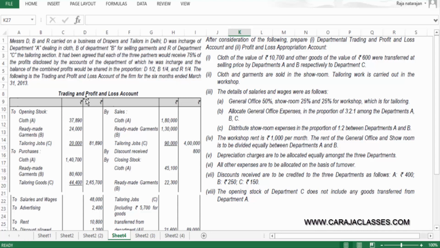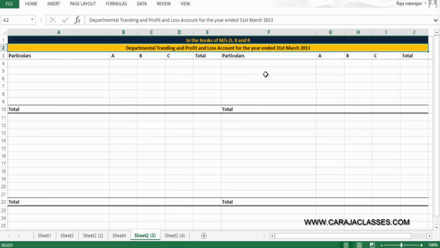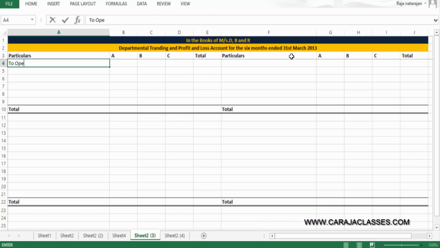Okay, let's get started. The first item what we have is the opening stock. Let's capture that. So here I have the structure in the books of Messrs. DBR, departmental trading and profit and loss account, and this is not for the year ended. We'll say for the 6 months ended 31st March 2013. We'll capture opening stock. What is the opening stock?